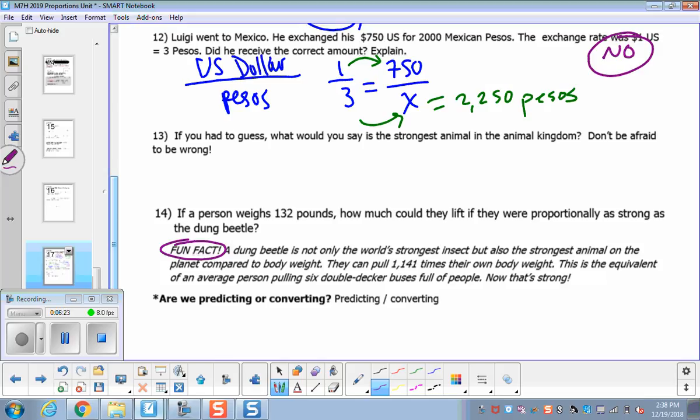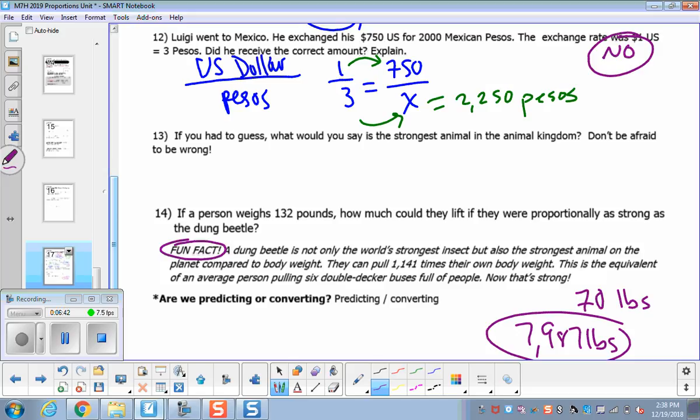I want you to think about if you weigh 70 pounds. I'm just making this up. But if you right now weigh 70 pounds, 70 times the 1,141 means that you could carry 7,987 pounds behind you.